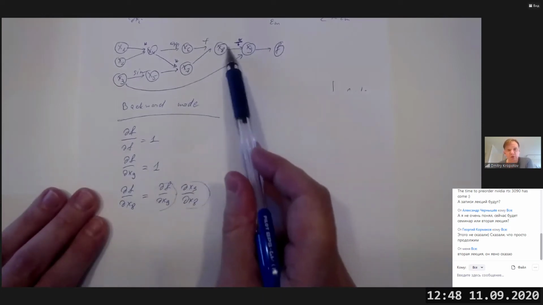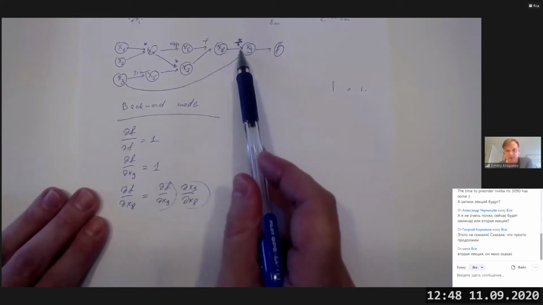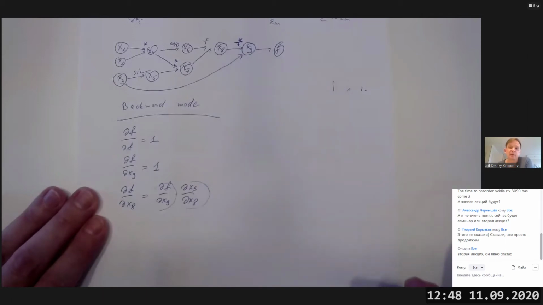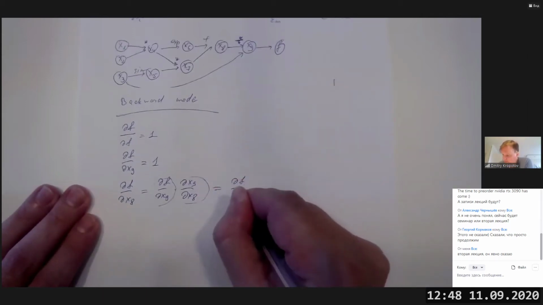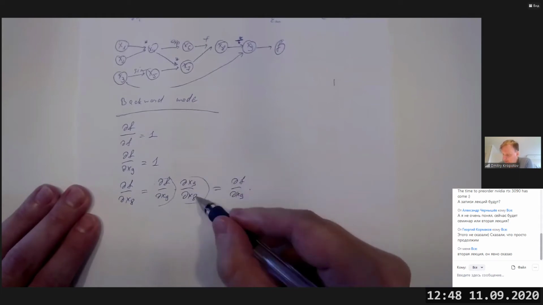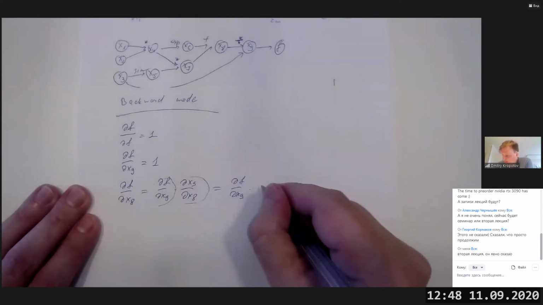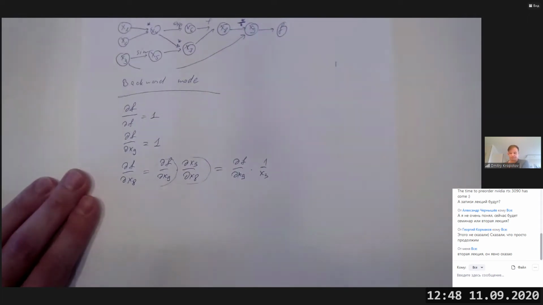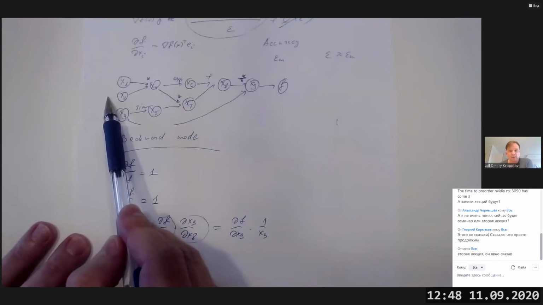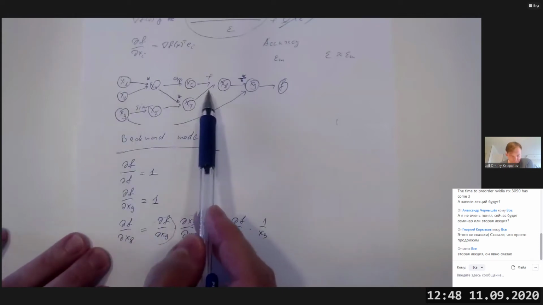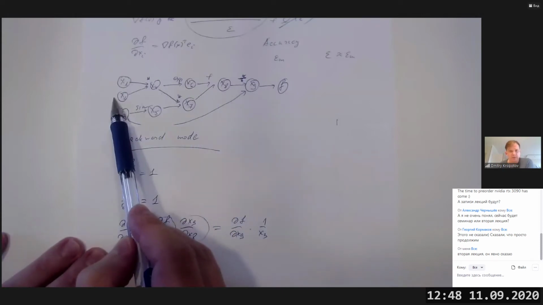So here stands some particular analytical function, and we may calculate its derivative exactly. So here we write times 1 over x3. And we go in a similar way to the left in this computational graph.